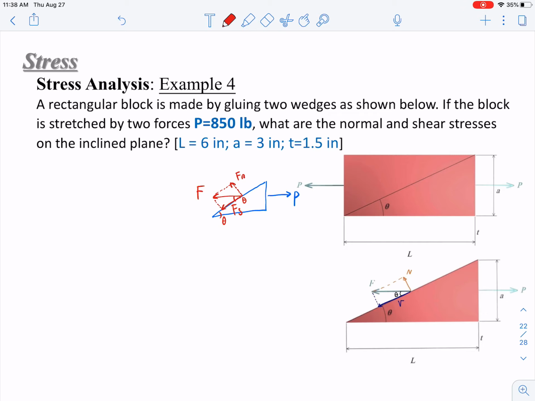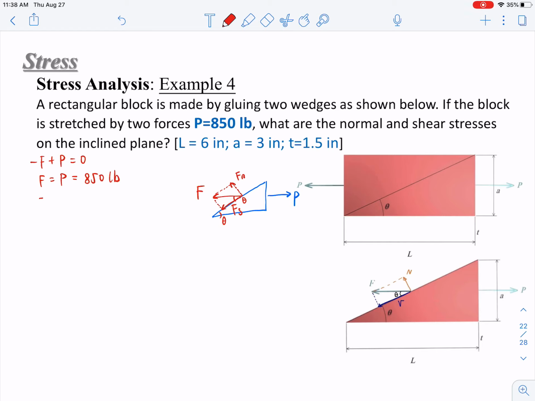First of all, from the free body diagram, we can write an equilibrium equation: negative F plus P equals 0. So F equals P, which is 850 pounds.